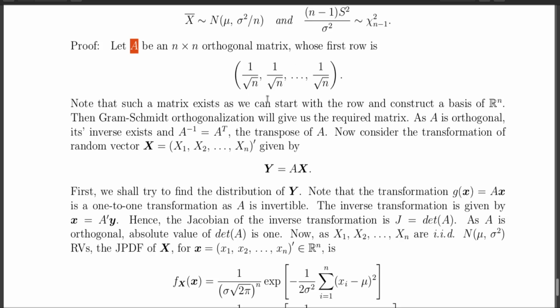Clear? If A is orthogonal, its inverse exists, and the inverse is nothing but the transpose of A. As the inverse exists, this transformation is a one-to-one transformation.